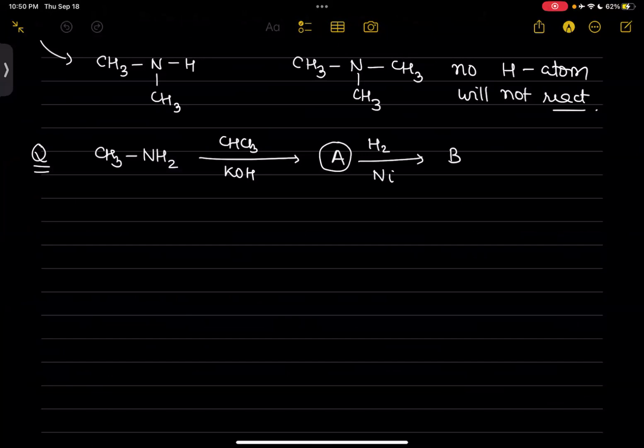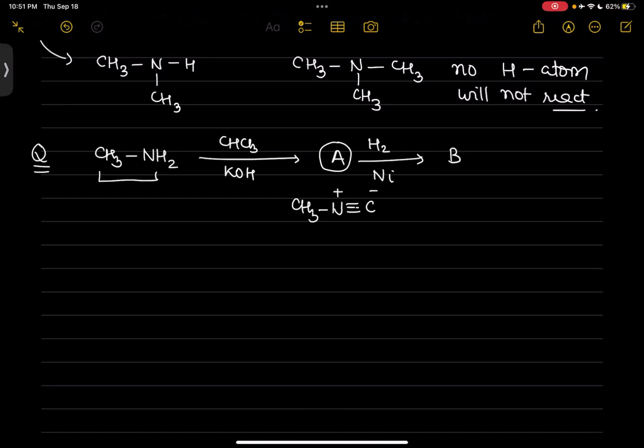So on one side keep this structure intact, CH3N, and the chloroform carbon is going to attach to the nitrogen with a triple bond. Got it? NC. It is a substance which will give a foul, fishy odor, and you can clearly recognize that it is a primary amine.